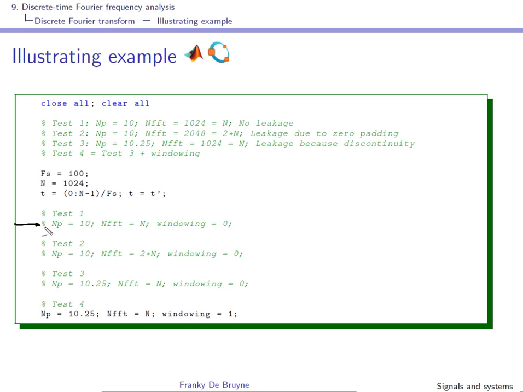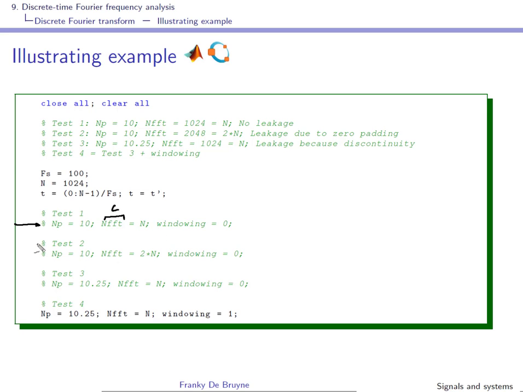We consider a periodic signal and exactly 10 periods. There will be no windowing, and the number of elements used in the FFT is equal to the number of points. So this NFFT here can be seen as the L in the course.